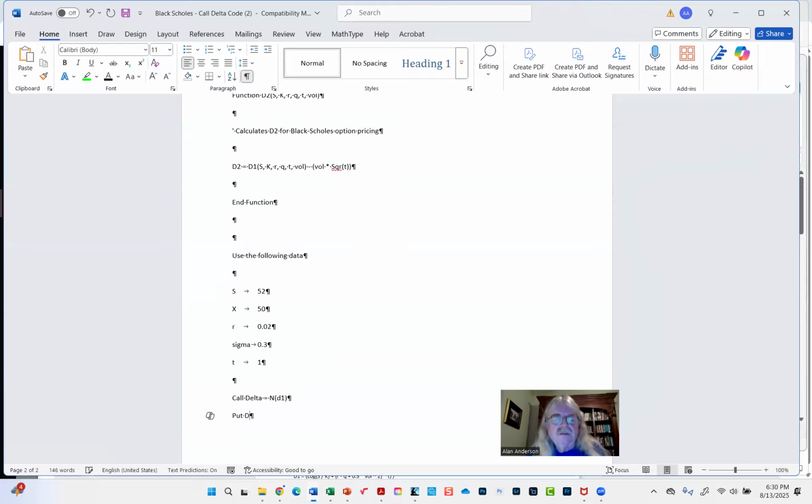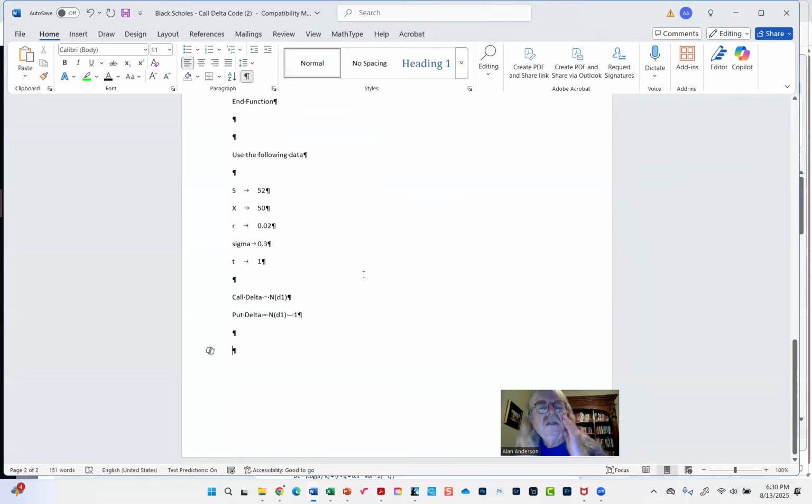The put delta is N(d1) minus 1. So the code up here creates call delta. You're going to make a very simple modification to turn it into a put delta. Okay. So that's what I wanted to point out here.